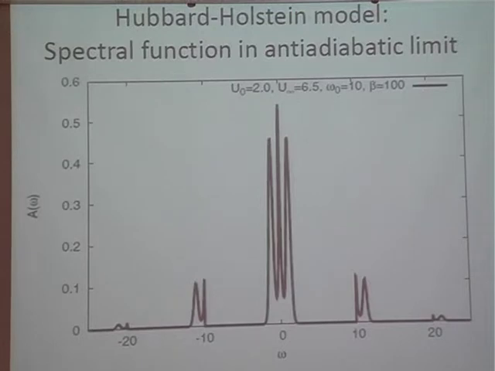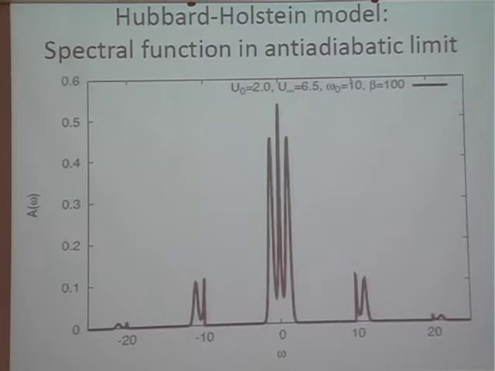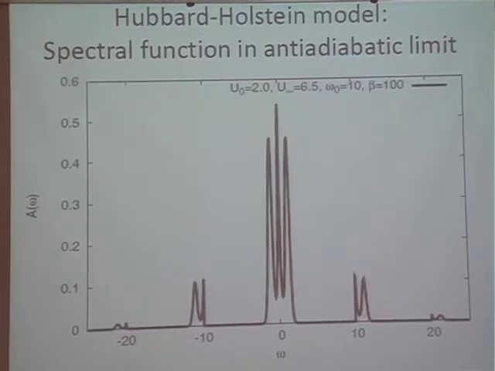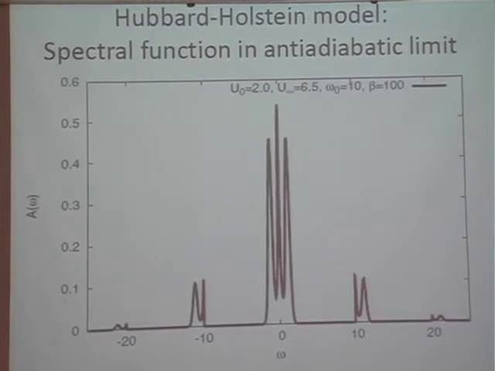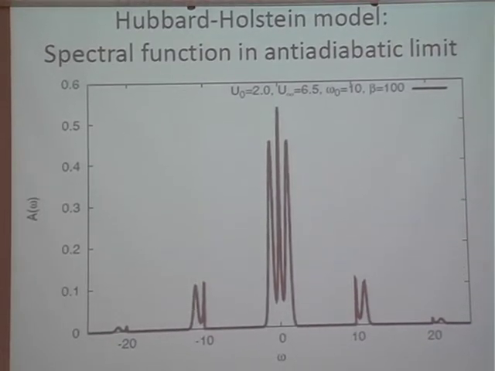One boson has an energy of 10 in these units. So if I add or remove an electron and at the same time create or remove a boson, then I will just replicate this structure at the shifted energy, where I add plus or minus a multiple of omega 0.